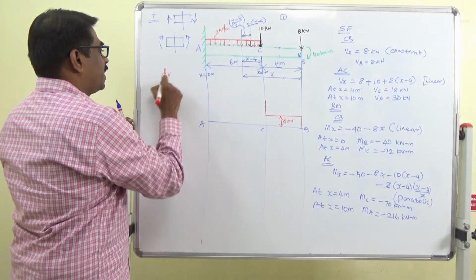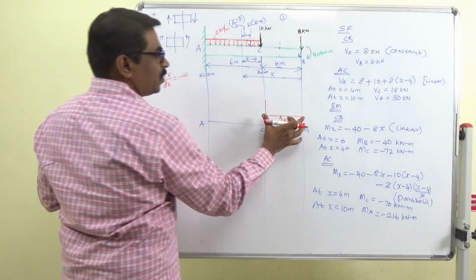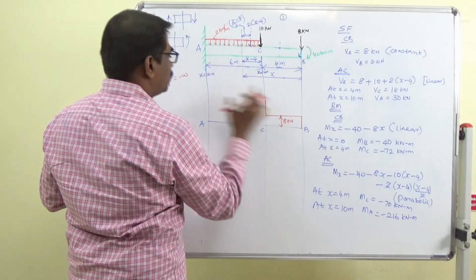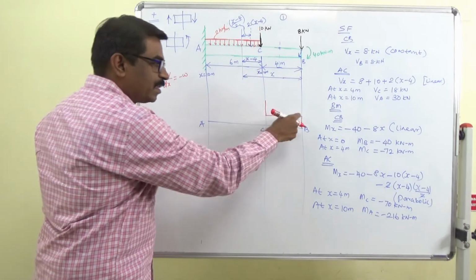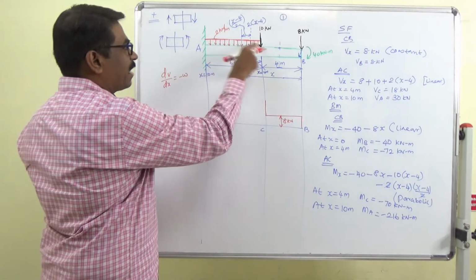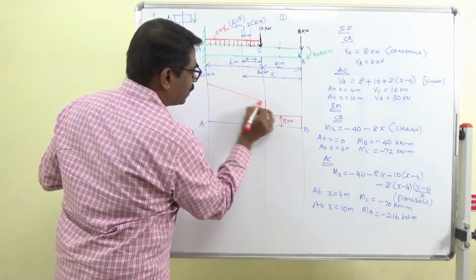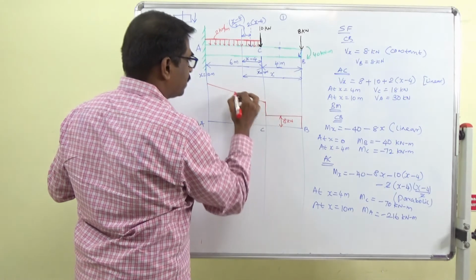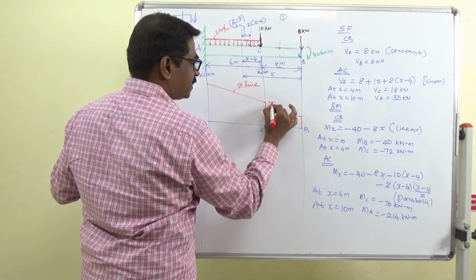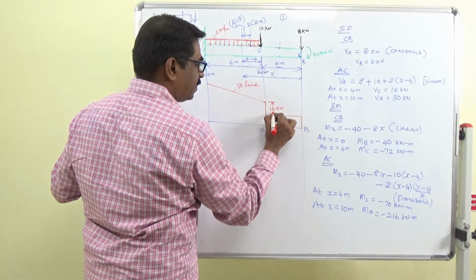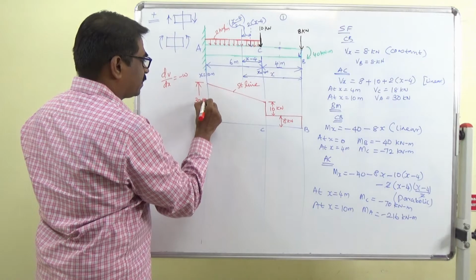You can use dV by dx equal to minus w. When there is no w acting on the beam, the slope is 0. Now we have a constant slope, so it is going to be linear, a straight line. The value here is 10 kilonewton, and the value here is 30 kilonewton.